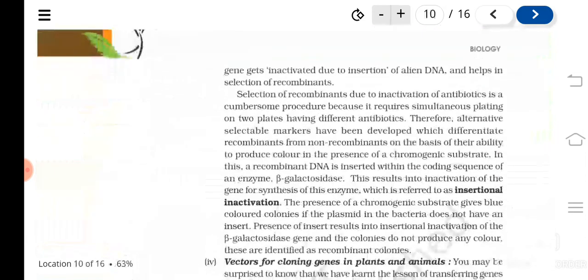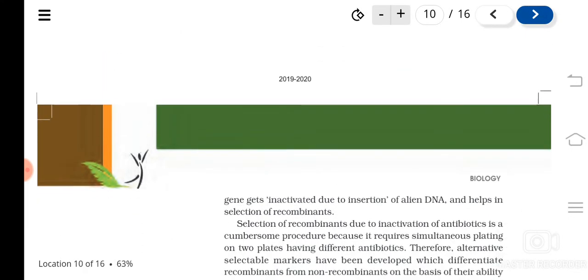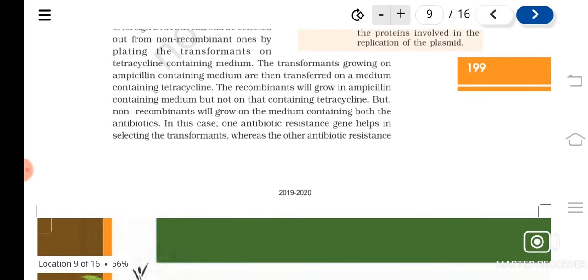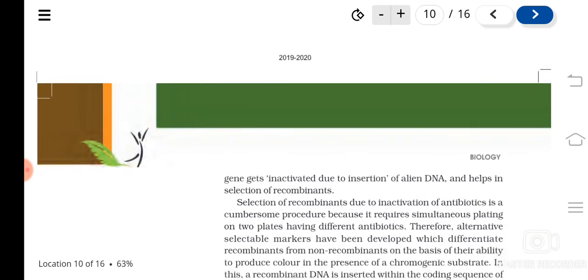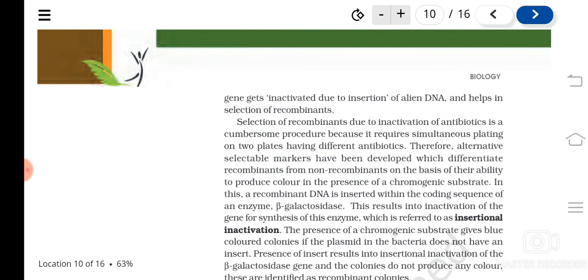Cloning sites means where you can add the gene. There are two antibiotic resistance genes: one helps in selecting the transformants, and the other is inactivated due to insertion of alien DNA and helps in selection of recombinants. So like this, we can select the recombinants from non-recombinants. Clear?